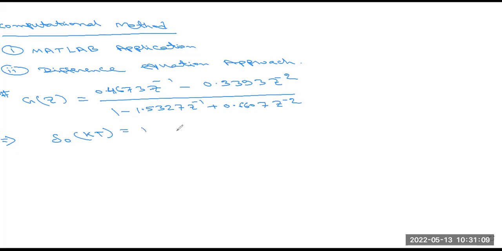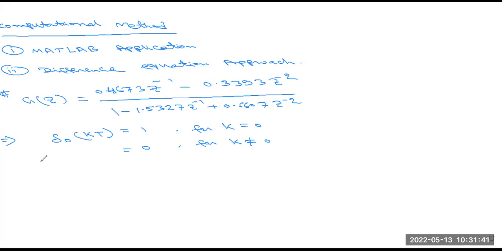The value is 1 for k equal to 0, and delta(kT) is 0 for k not equal to 0. Here k is a function of the sampling period, so k changes with the sampling time: 0, 1, 2, 3 and so on.